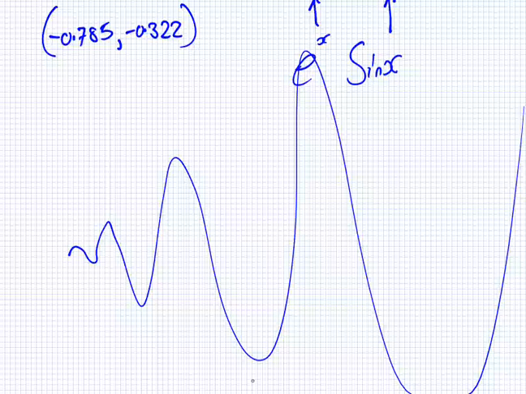Derivative here is e^x sine x plus e^x cos x. And we want it equal to 0. So we have e^x times sine x plus cos x equal 0. Now watch this. Now do you know what to do?